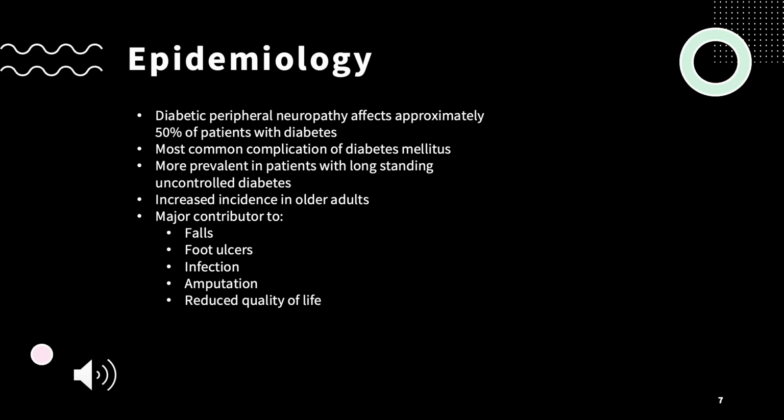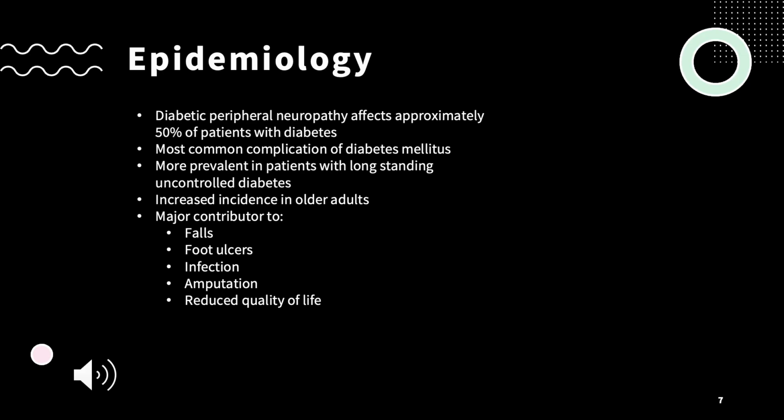Diabetic peripheral neuropathy affects approximately half of all patients with diabetes, making it one of the most common diabetic complications. The condition is more prevalent in older adults and patients with long-standing uncontrolled diabetes. Diabetic neuropathy is a major contributor to falls, foot ulcers, infections, hospitalizations, and lower extremity amputations.